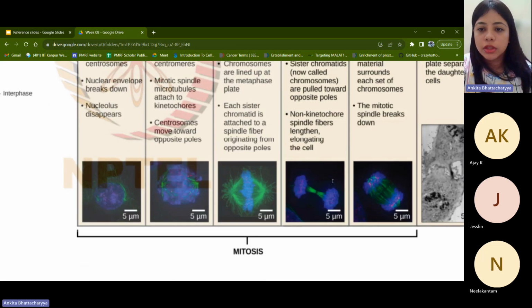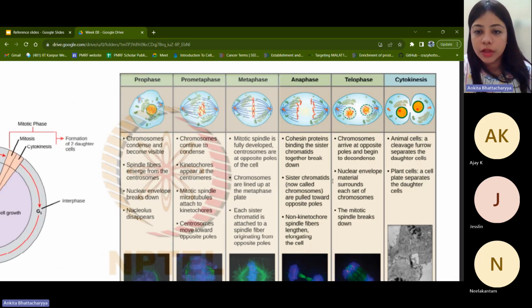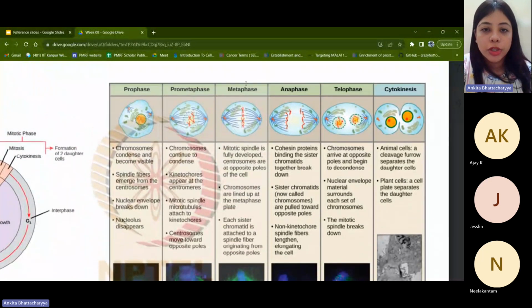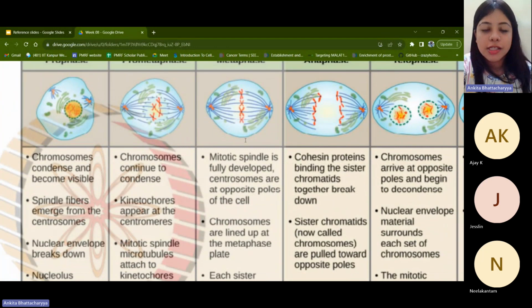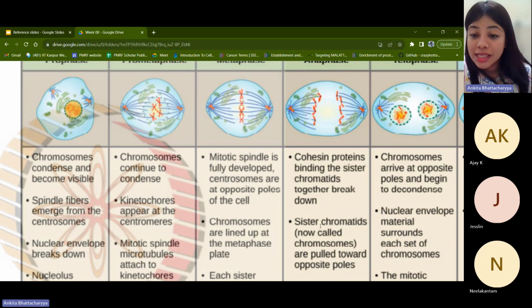Here, during anaphase, if you look carefully, what you saw previously in metaphase in the form of X's, these are individually chromosomes. Read the terminology here. It is said that chromosomes are lined up at the metaphase plate. Now what is happening? Sister chromatids are pulled towards opposite poles.